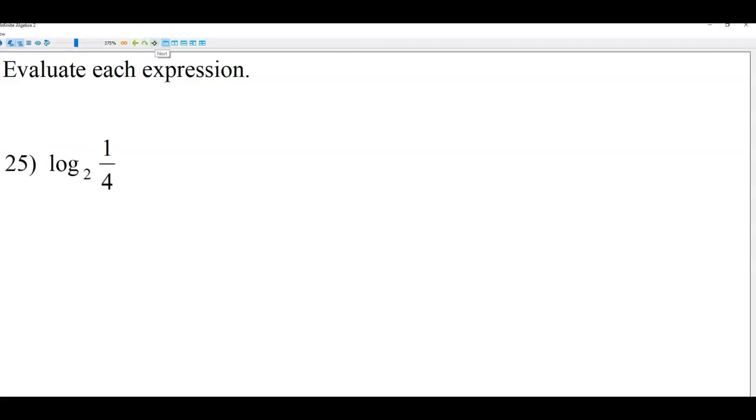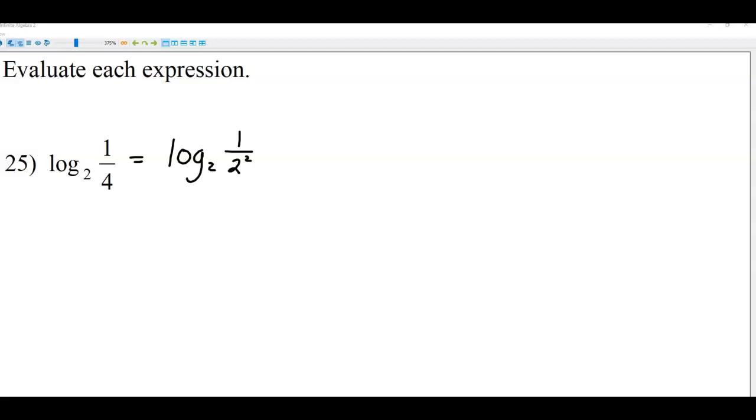Here's another one. Once again, I need to get the number here to match the base if it doesn't already. So I'm going to start by rewriting this as 1 over 2 to the 2nd power. 4 is equal to 2 to the 2nd power, so I will replace 4 with 2 to the 2nd power. But there's another thing I don't like about this one.